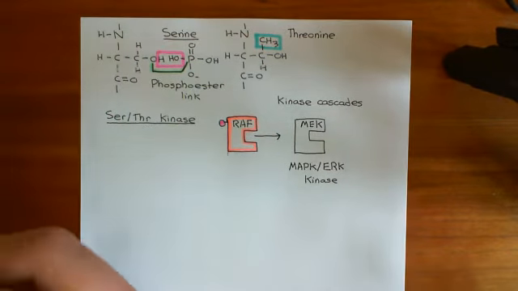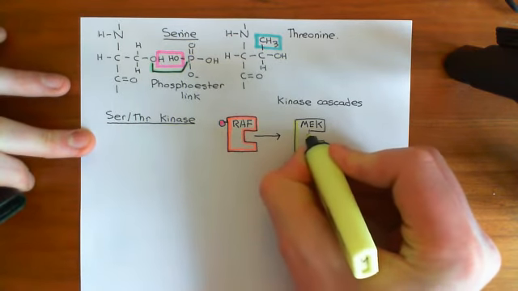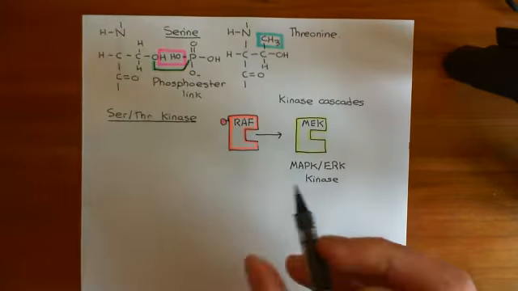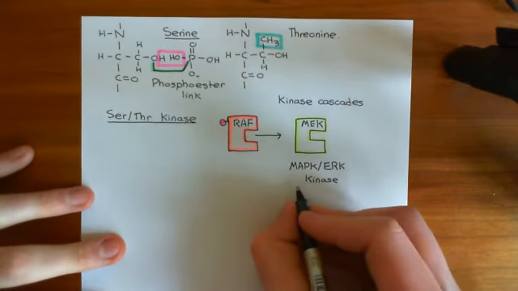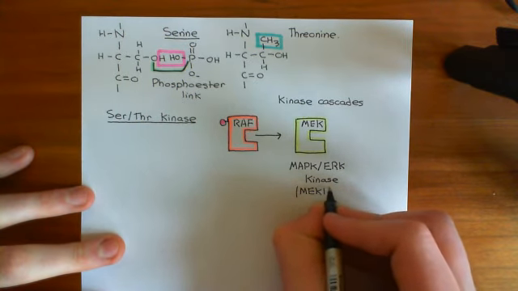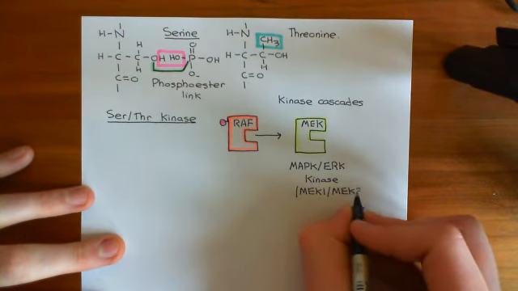Right, so let's colour this one in yellow. Now, again, there is not just one form of MAPK/ERK kinase. There are actually two forms of it, MEK1 and MEK2, but again, they do pretty much the same thing, so we won't distinguish between the two different forms of this enzyme.